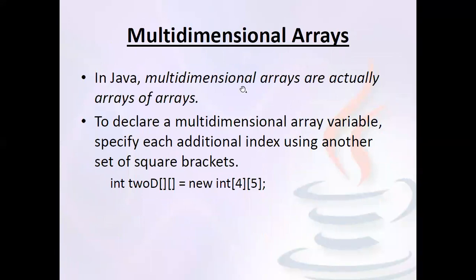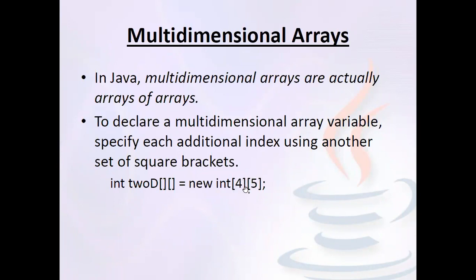Then we come to multi-dimensional arrays. In Java, multi-dimensional arrays are actually arrays of arrays. Array within array, you can call it the same thing. To declare a multi-dimensional array variable, specify each additional index using another set of brackets. For example, int twoD[][] = new int[4][5].